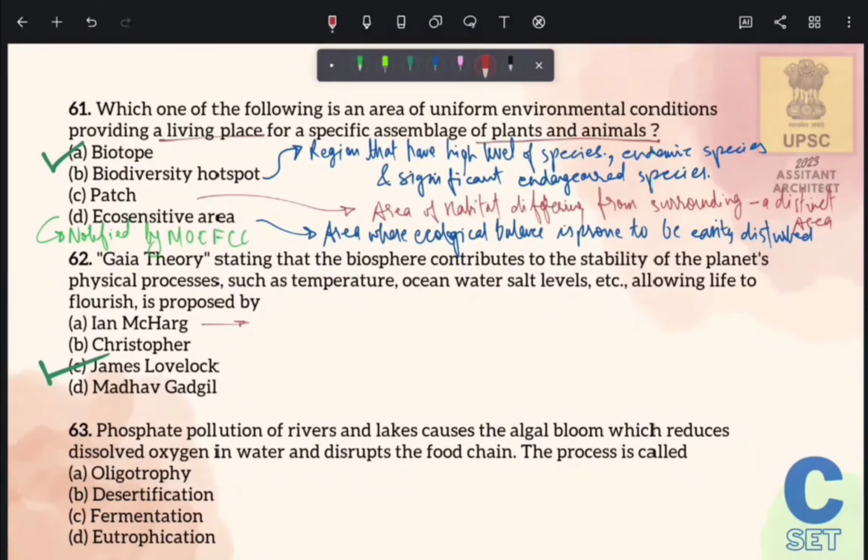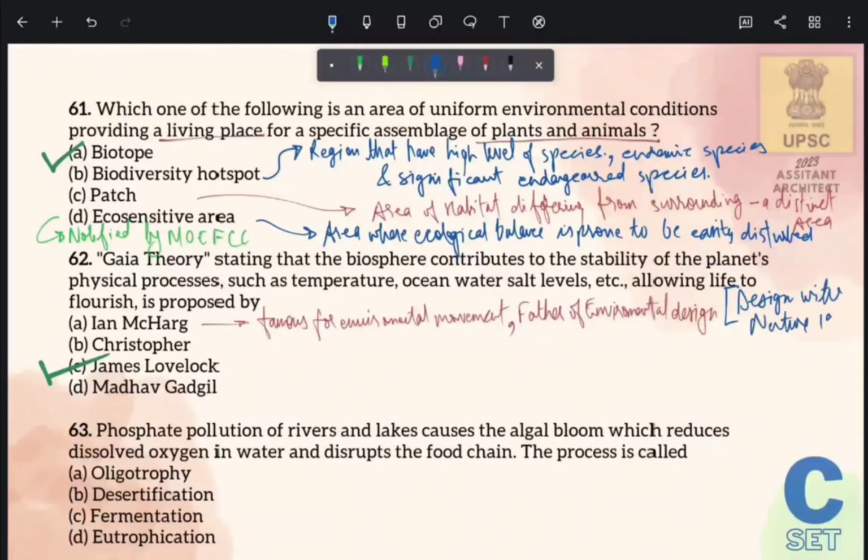So Ian McHarg is famous for the environmental movement, and he is also known as the father of environmental design. One of his famous books was Design with Nature, which came out in 1969. Let's move to the next question.